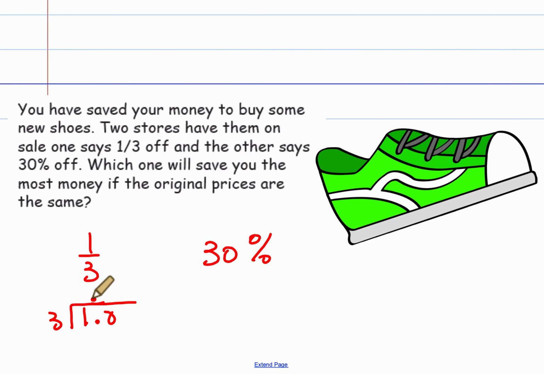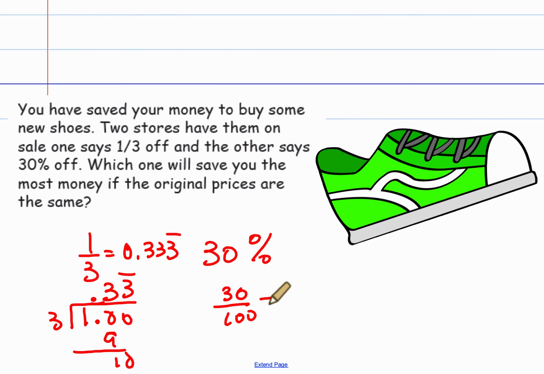And through the magic, we know that it gives us 3 repeating. Okay, so it's 0.333, and the 3 repeats and repeats and repeats. Versus 30%, we know is 30 out of 100, which is the same as 0.30. And so if I compare them, which one is bigger?